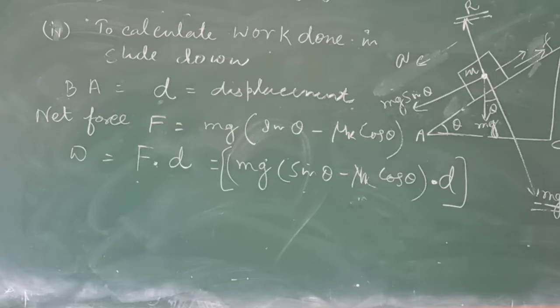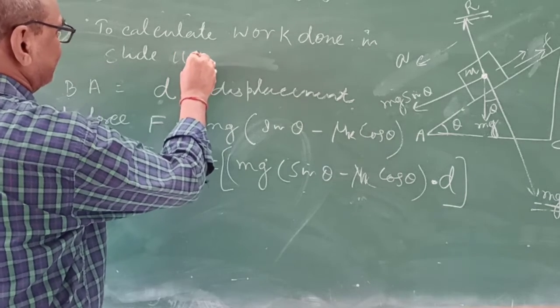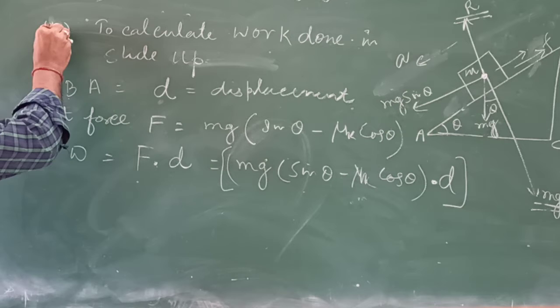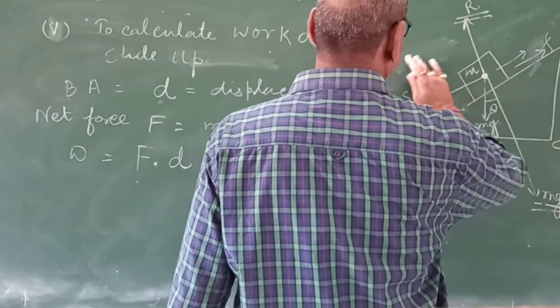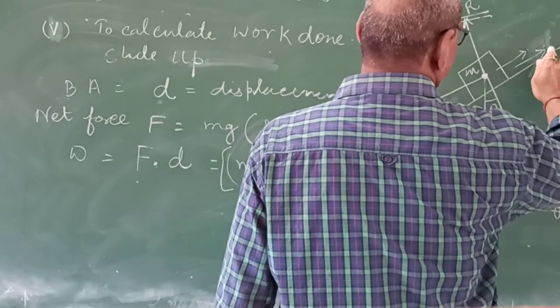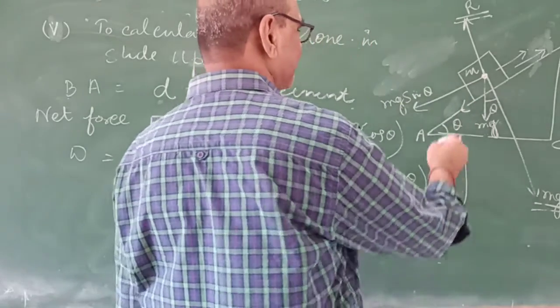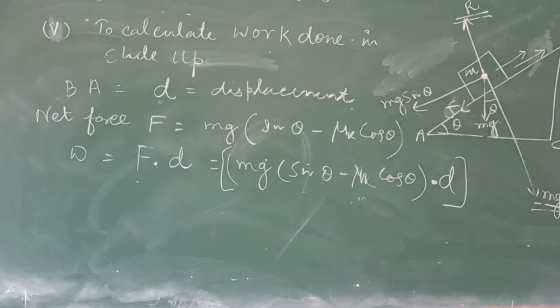Fifth point. How much work is done in slide up? We will only change the point. Slide up. When a body slides up, the direction changes. Take the body upward, so the force of friction comes into play in the direction opposite to the applied force.